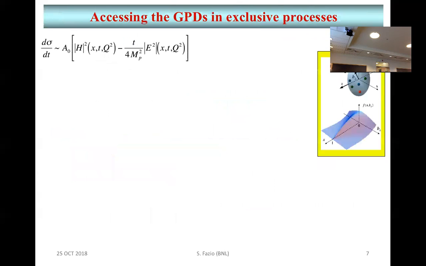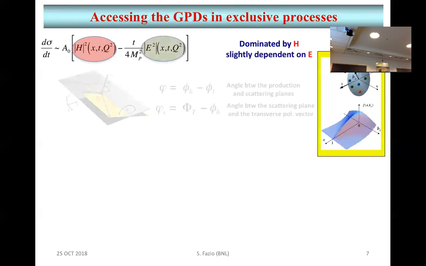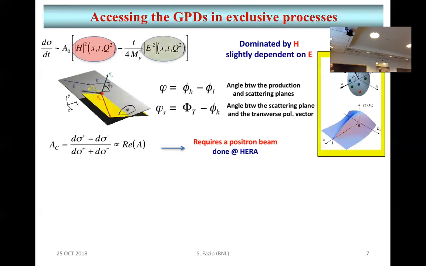Now, what are the experimental observables? Certainly, the differential cross-section is one that everybody wants to measure, and this is really sensitive to GPD H, weakly coupling to GPD E. This is basically a way to access the imaginary part of the scattering amplitude.